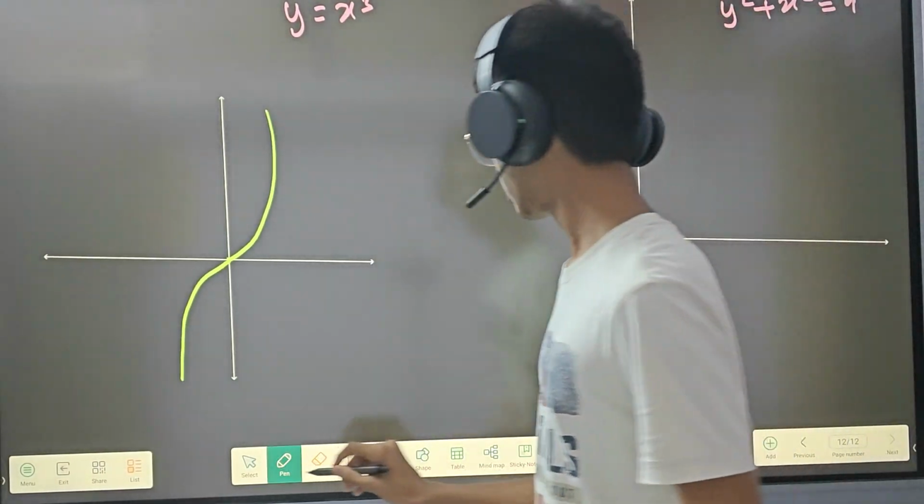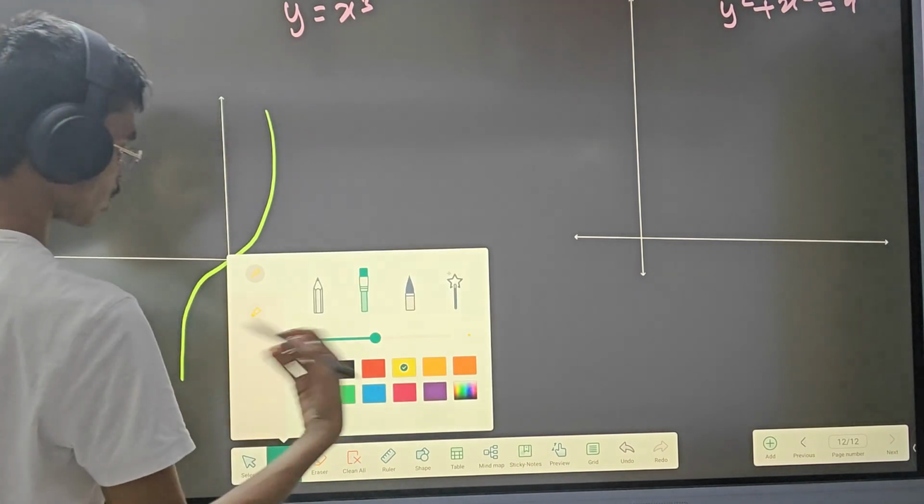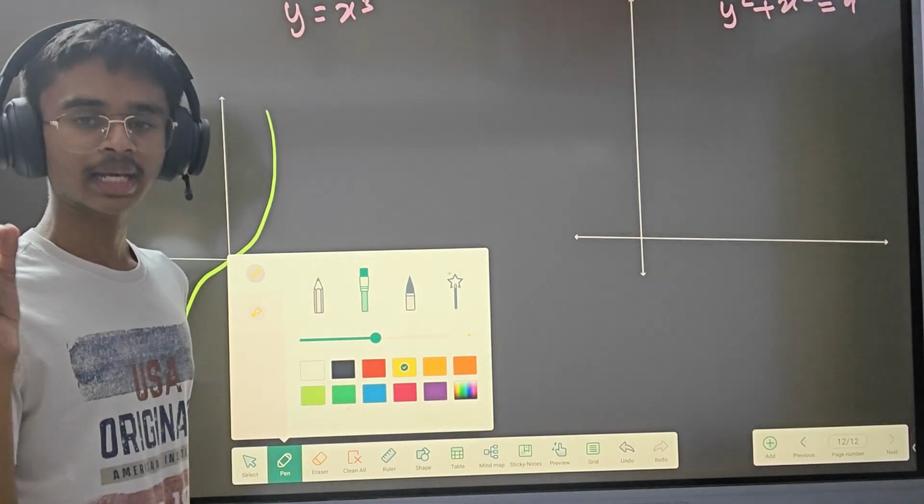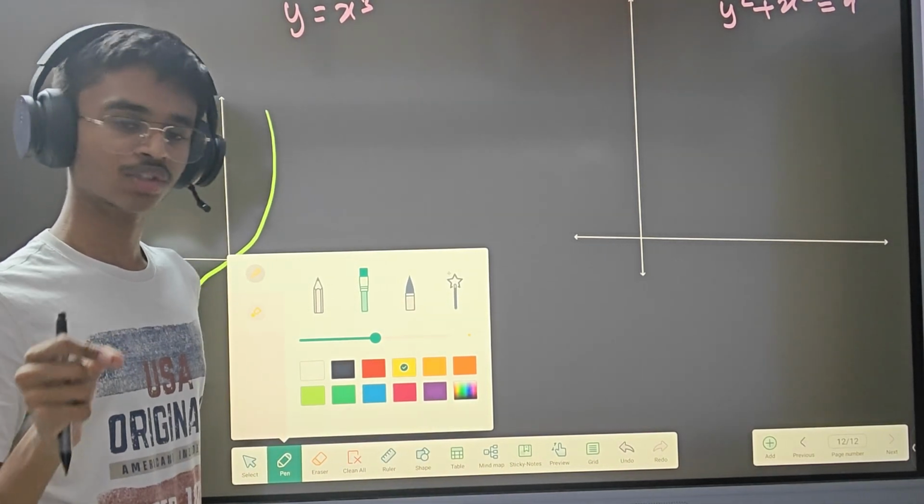Now, what you are going to do is a vertical line test in order to determine whether a graph is a function or not.